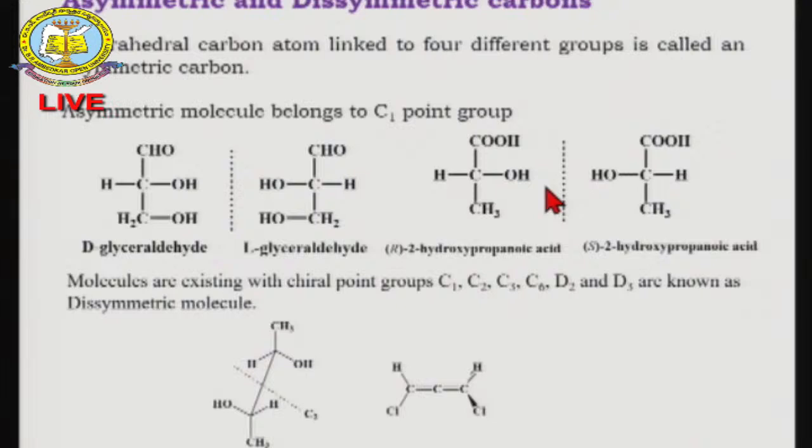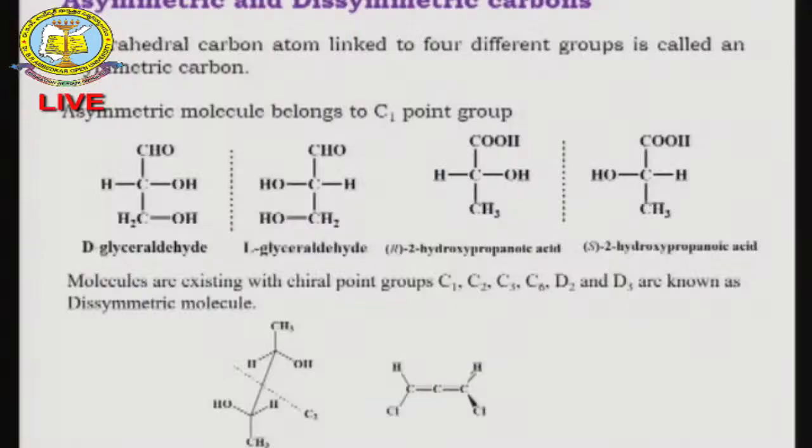Now, what is dissymmetric? Previously we called molecules that possess only the identity symmetry, that is C1, asymmetric. The next class of molecules we call dissymmetric.